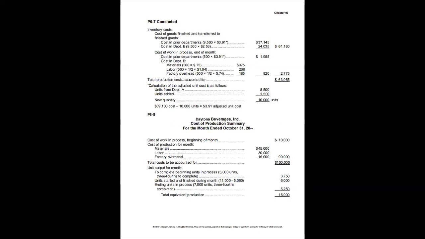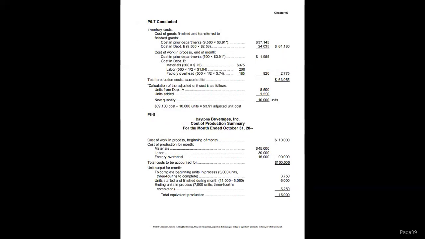So we now have 3.91, and the cost in Department B of 9,500 units times 2.53. So we get the total cost of goods finished and transferred to the finished goods equal to 61,180.